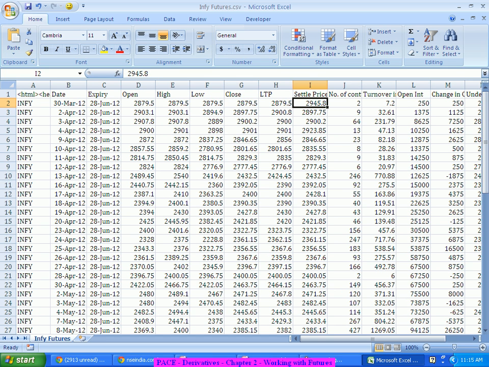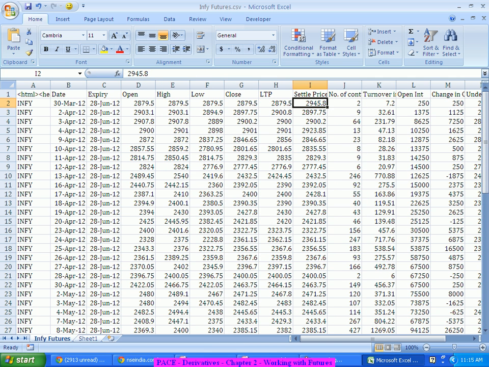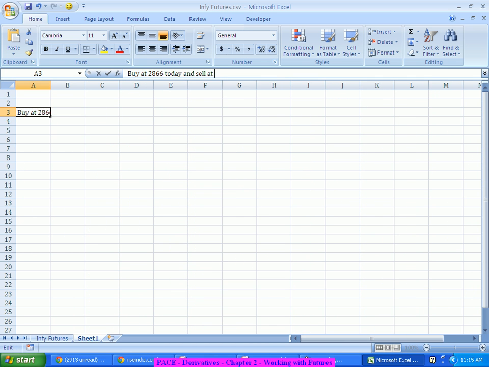Buying it today at 2866. So now I'm left with two situations. Buy at 2866 today and sell at 2945 on 28th June.